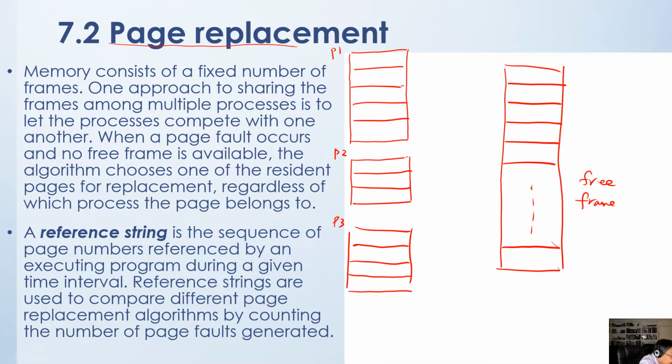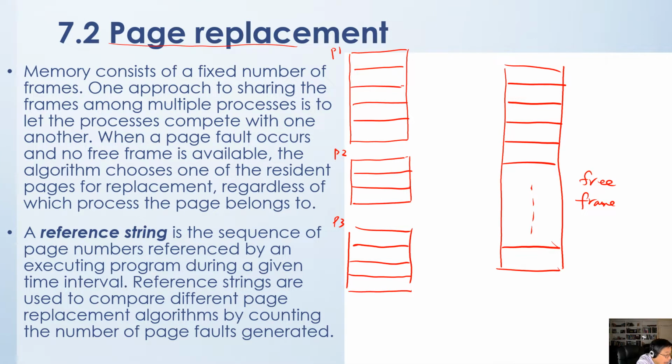Now how are we going to pick the pages? That's something we're going to talk about. It depends on the page replacement algorithm we use. Now suppose we pick a victim. Using page replacement, we're going to replace this page in the memory with the page that wants to be running. So that's the page replacement.